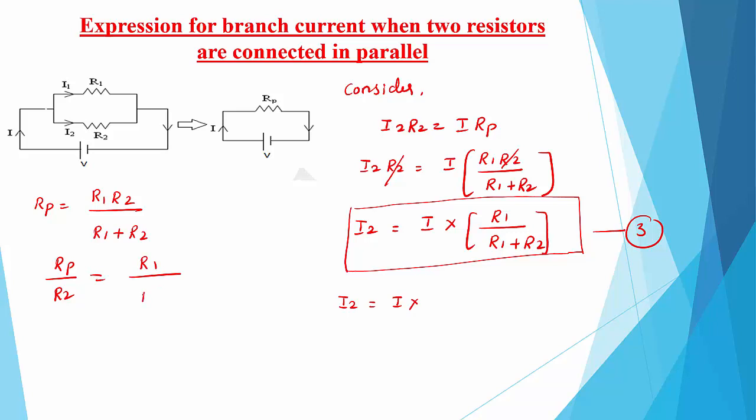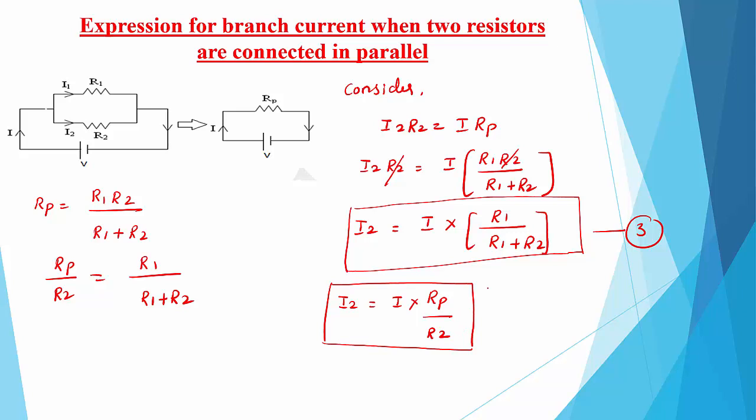Remaining is R1 divided by R1 plus R2. Now in equation 3, R1 divided by R1 plus R2, in this expression I can simply write Rp divided by R2. So we can use this equation when they ask about branch current I2.